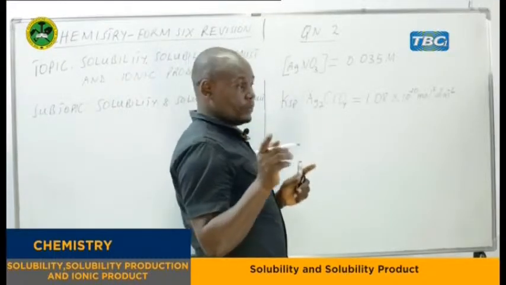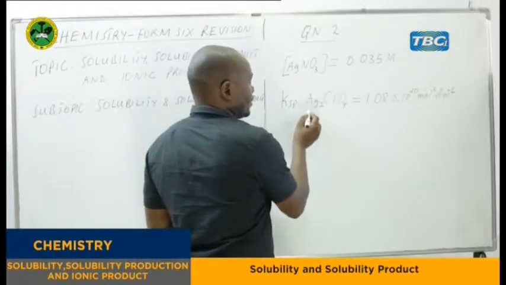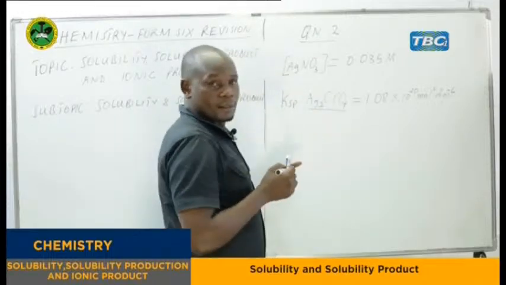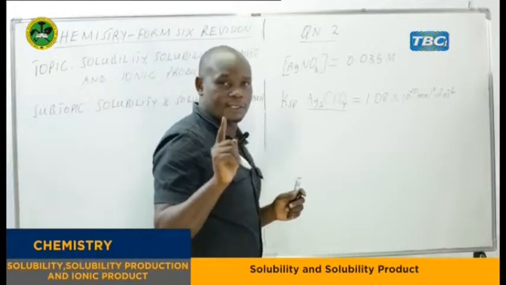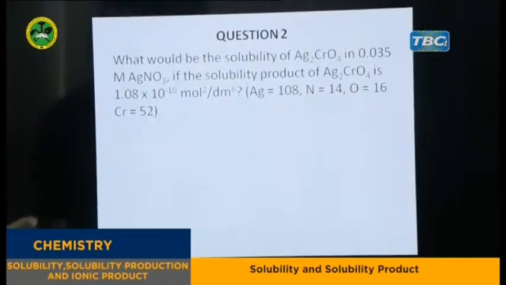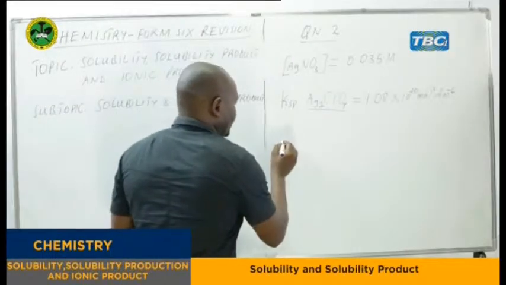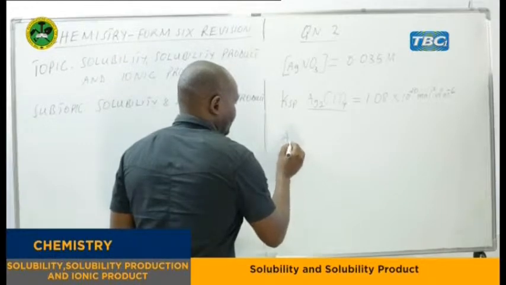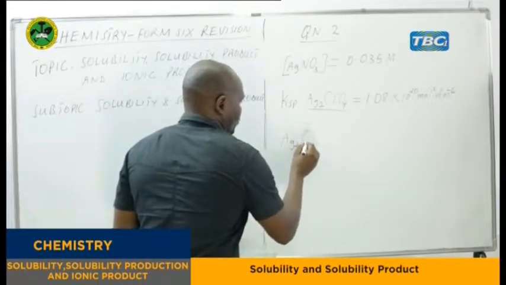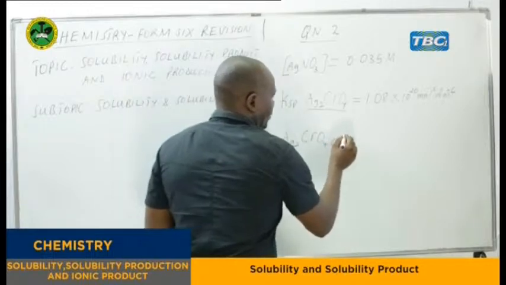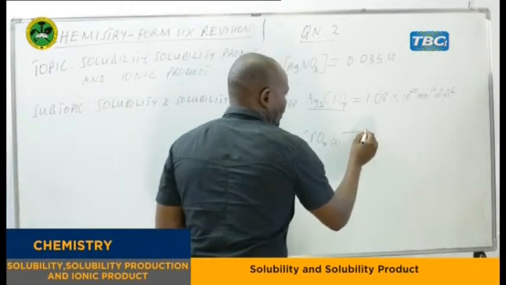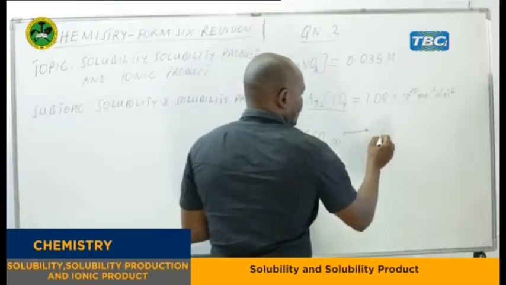We are calculating the solubility of silver chromate in what? In silver nitrate. So the first point to consider here is that you have to write the dissolution reaction of silver chromate. So silver chromate, which is our sparingly soluble salt, dissociates to release silver ions.